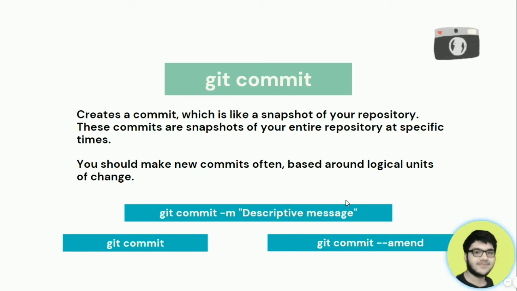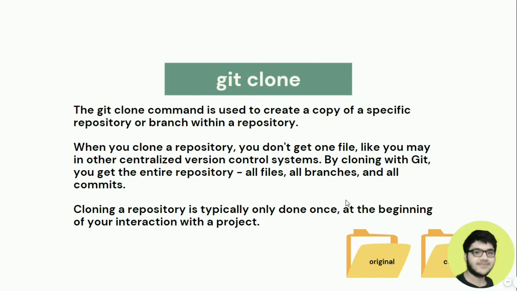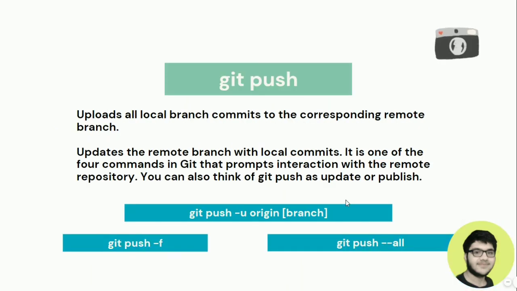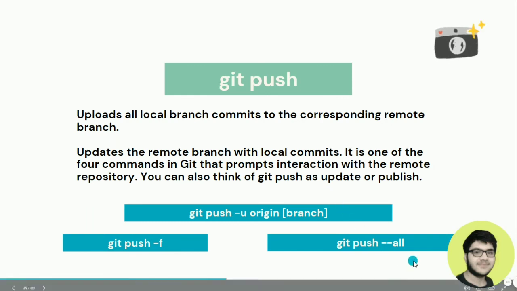It is used for making commits. git clone we'll see when we are working with Git again. And git push is again one of the things which we will see in the GitHub tutorial as well, right? So this is all for the basic and main commands. Many more commands are planned for the demonstration, so we'll directly skip to the demonstration.